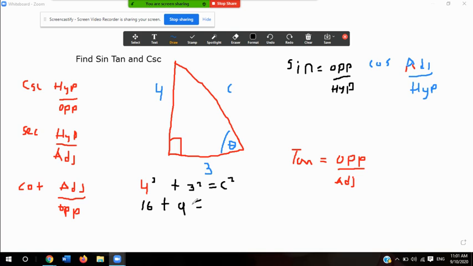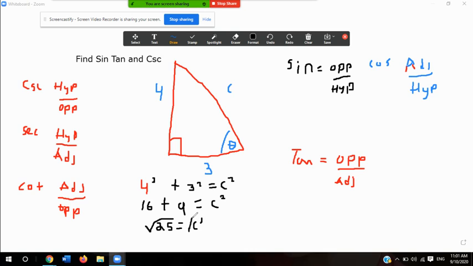So 16 plus 9, and this is c squared, I'm sorry, c squared. 16 plus 9 is 25. And the square root of 25, and the square root of c squared, of course.